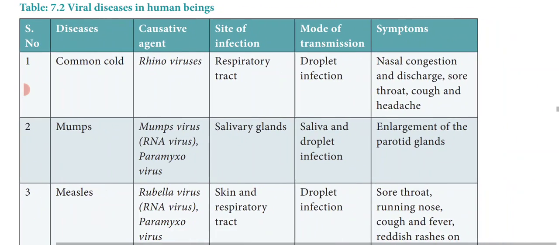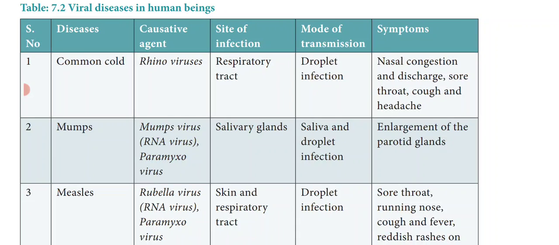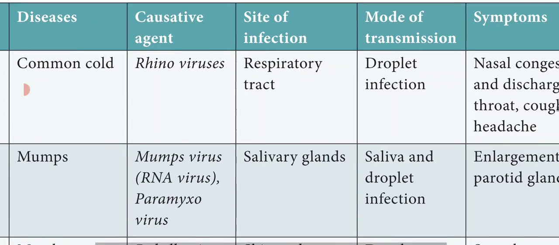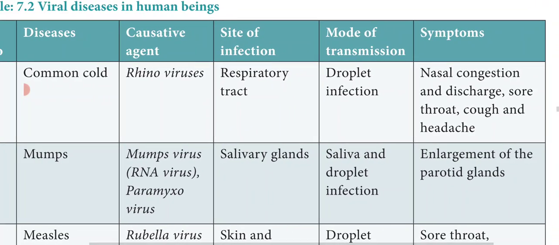First we will take the common cold. So common cold mainly attacks all the individuals in a population. The causative agent for common cold is rhinovirus, and mainly it affects the respiratory tract, that is the nasal root, nose, then the trachea, all these come under the respiratory tract.